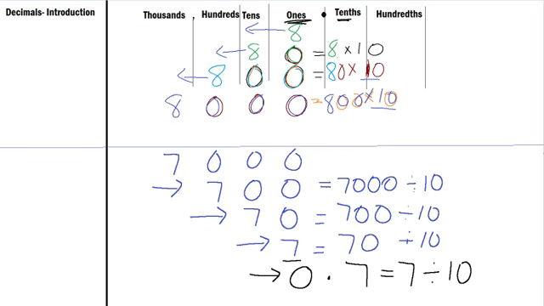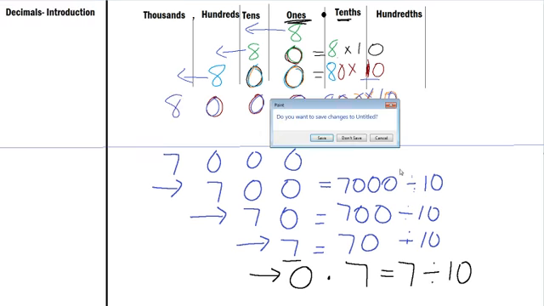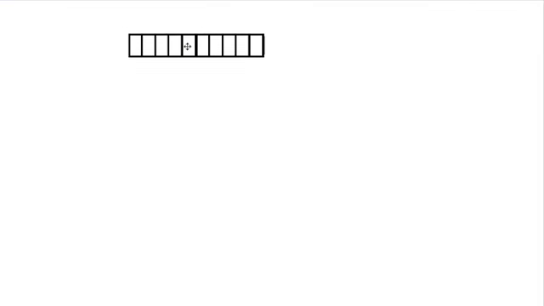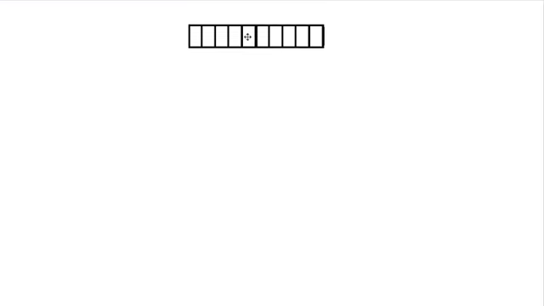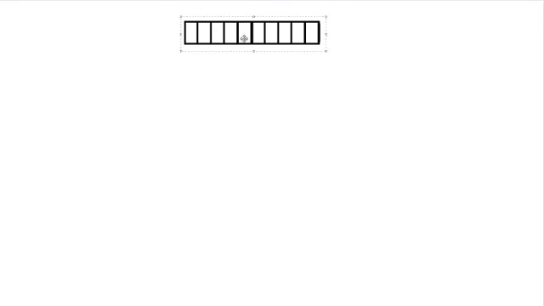I'm going to talk for a moment about this. If I take one whole thing and divide it into 10 pieces, I get something that looks like this. So I took one thing and divided it into 10 equal pieces.